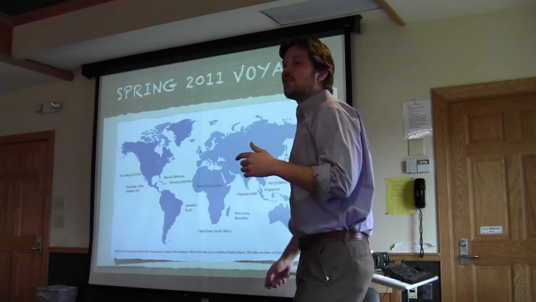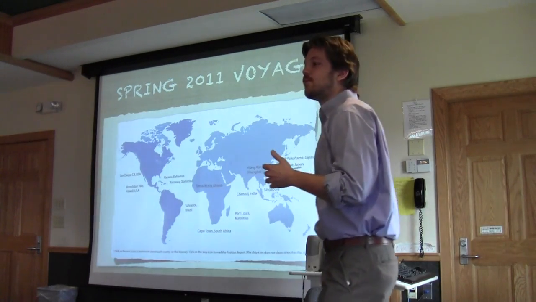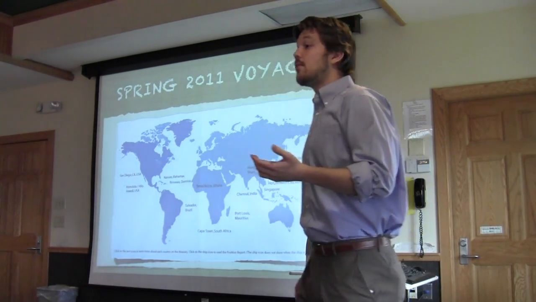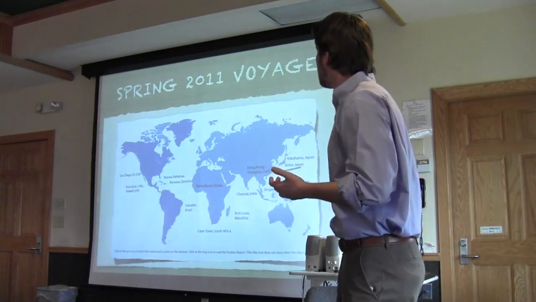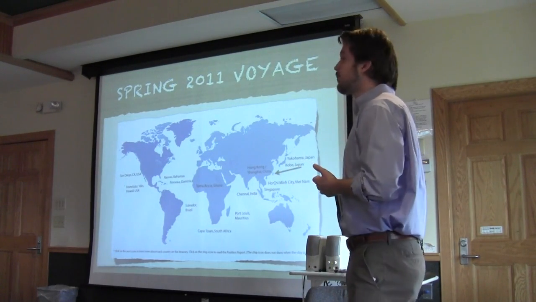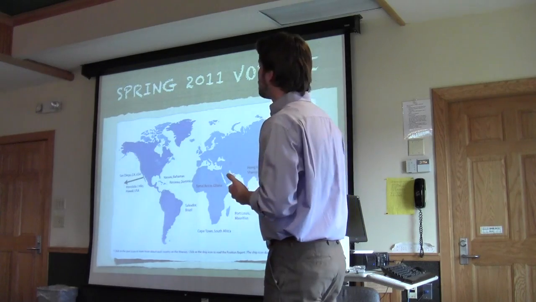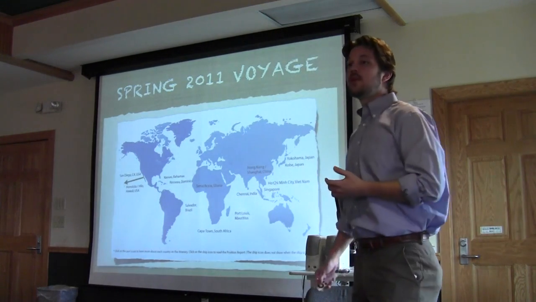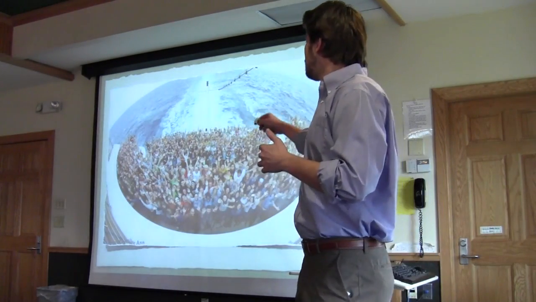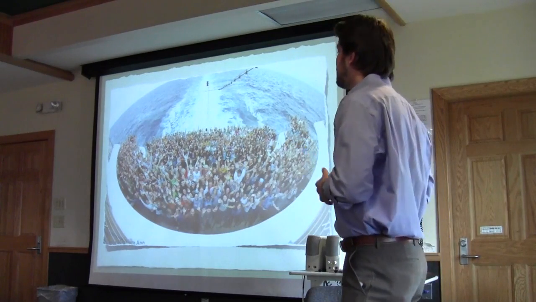We were supposed to go to Japan, but this was during the tsunami and earthquake, and we had to relocate to Taiwan. And then finally going over to Hawaii, Hilo, and then ending in San Diego.